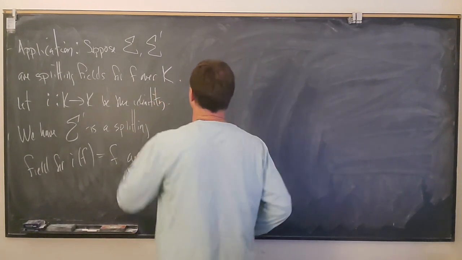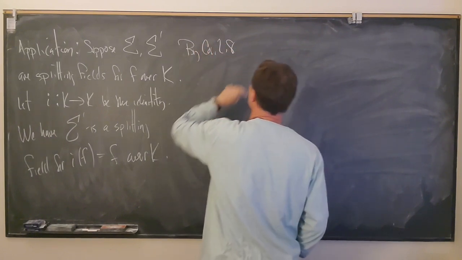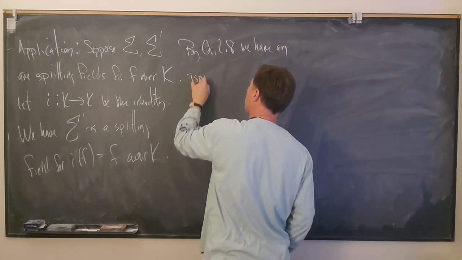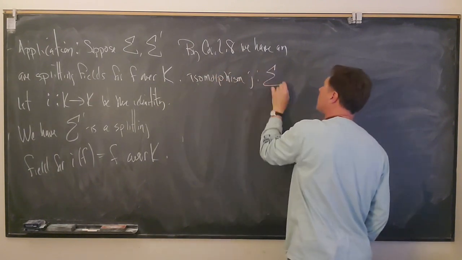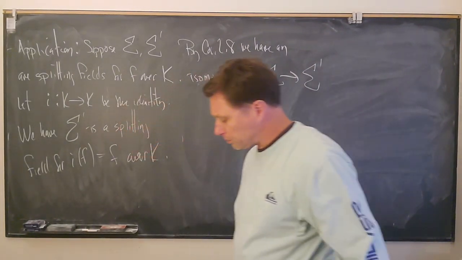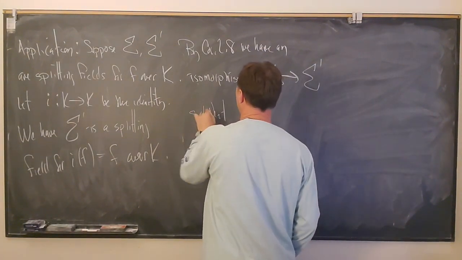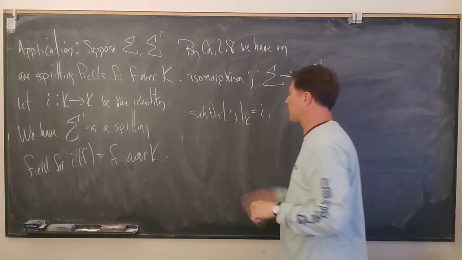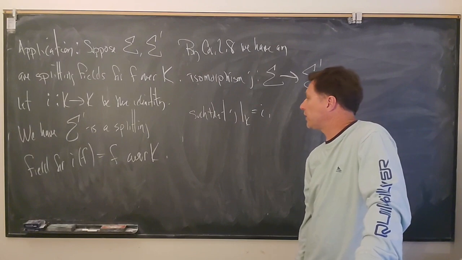So now by corollary 2.8, we have an isomorphism J from sigma to sigma prime, and even more, such that J restricted to k is equal to I. So it's an extension of the identity map, which means that it leaves all of the coefficients of the polynomial fixed.